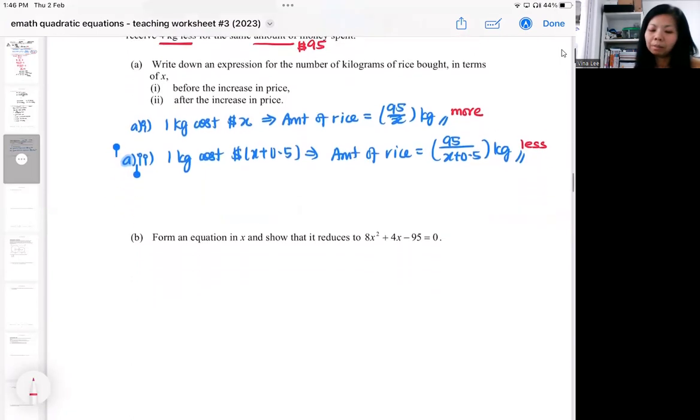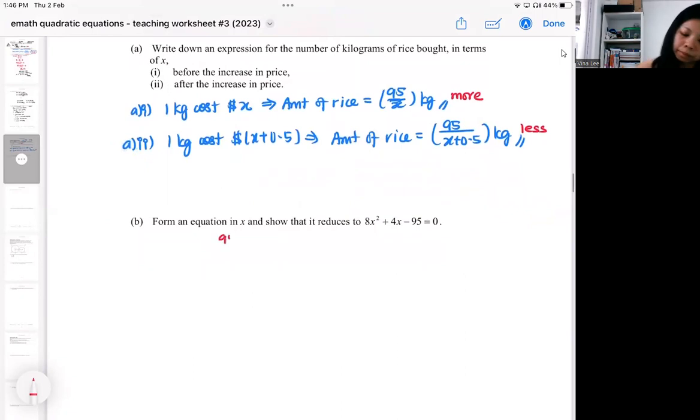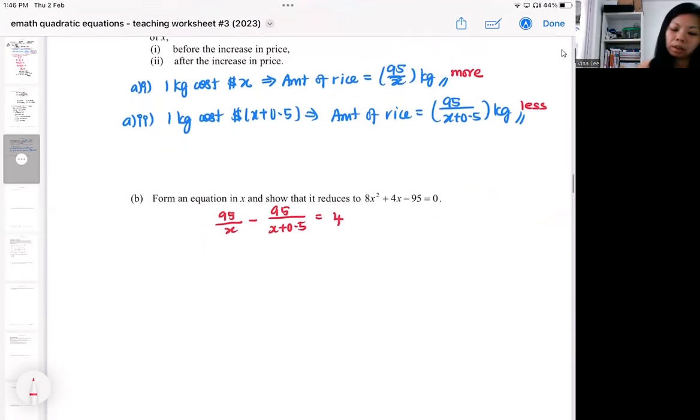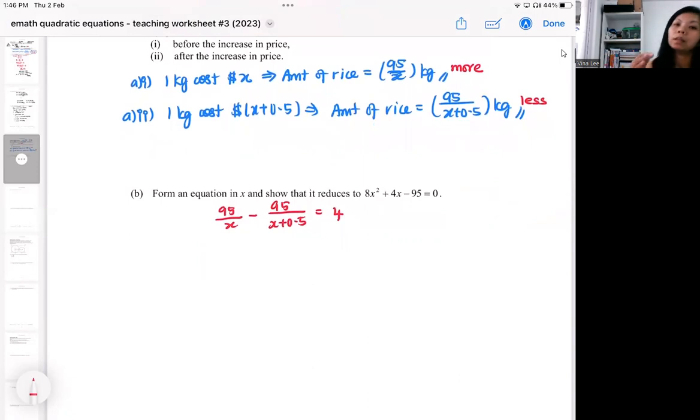So you get the bigger fraction to subtract the smaller fraction, and that will be equal to 4. Because you are subtracting, the bigger quantity minus the smaller quantity is 4 kg. So you take big minus small equal to 4.